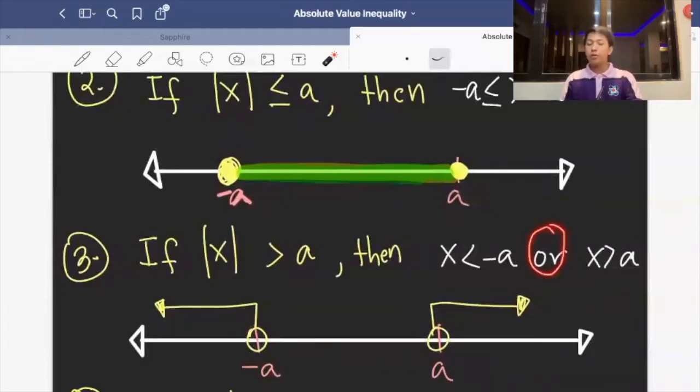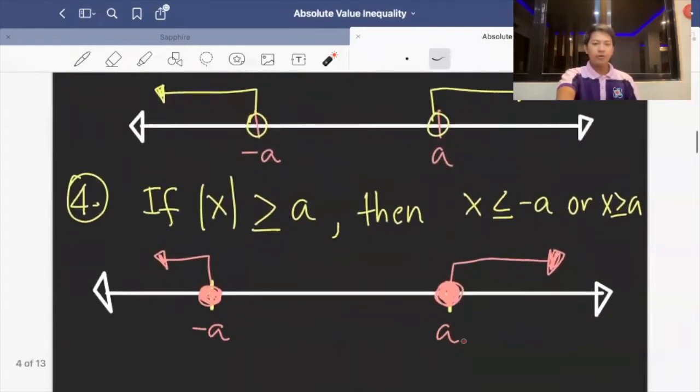Since this is an OR union, we are going to combine x is less than negative a and x is greater than a. But of course, since it's greater than, this is hollow. It means negative a and a are not included in the solution set.